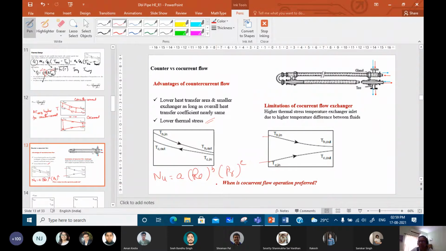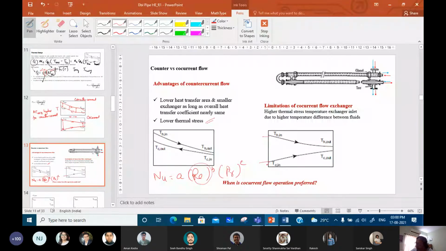If the viscosity is higher, then what happens to the heat transfer coefficient? Lower. It's going to be lower because when the viscosity is higher, the Reynolds number is going to be lower, right? So therefore, if at the beginning you have a very large temperature difference, then what happens?